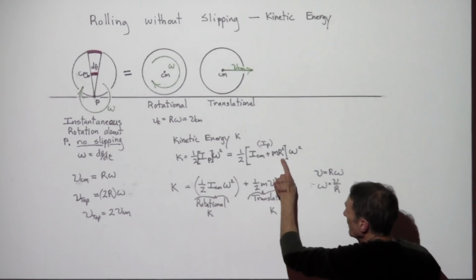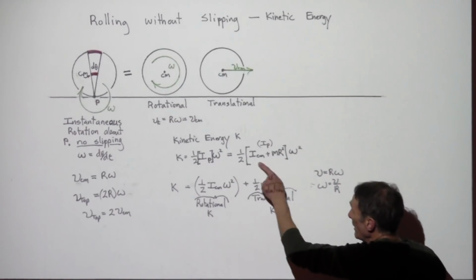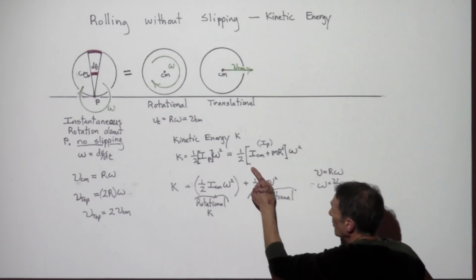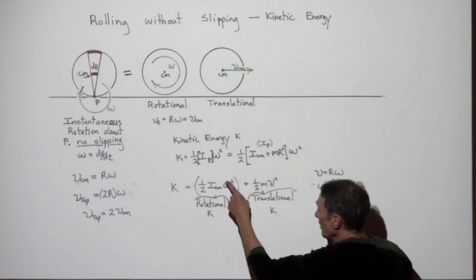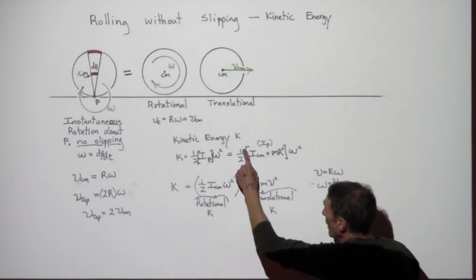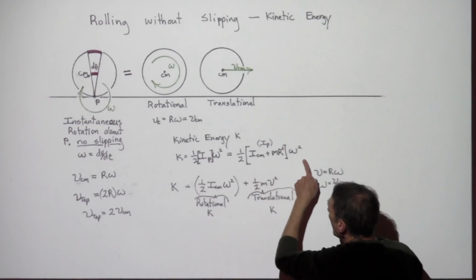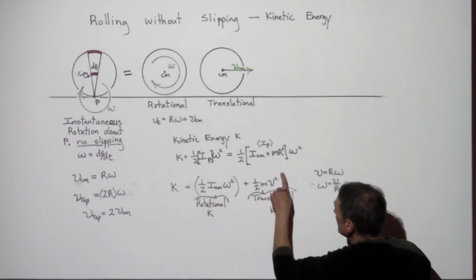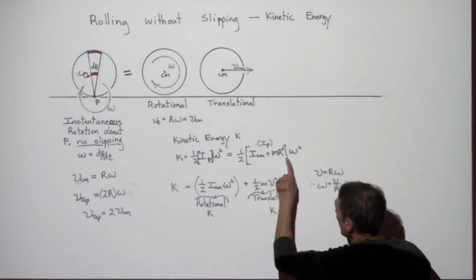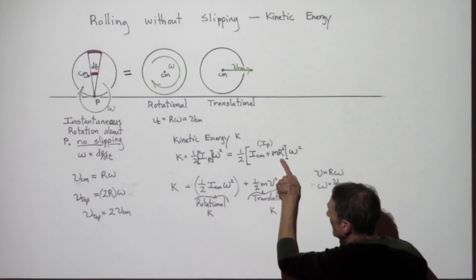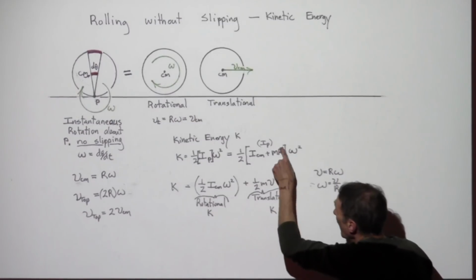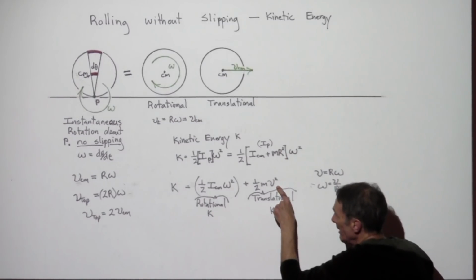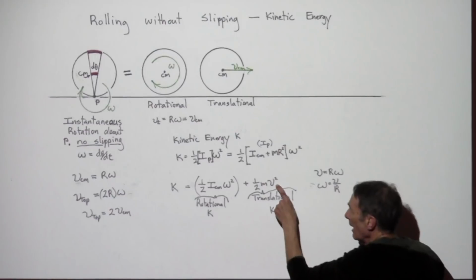So we've got that. And then we can expand this a bit here. We'll take the 1/2 I about the center of mass, omega squared, plus 1/2 m r squared omega squared, and that r squared omega squared is going to be v squared.